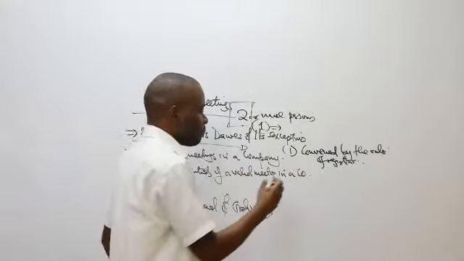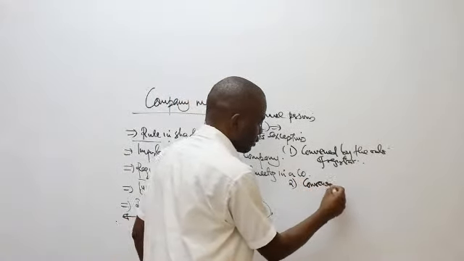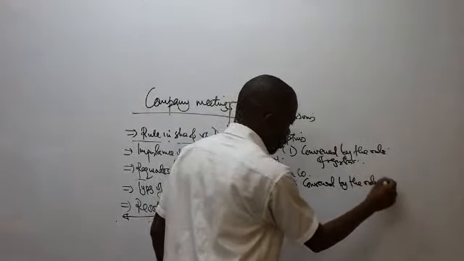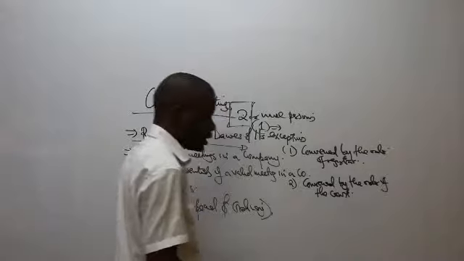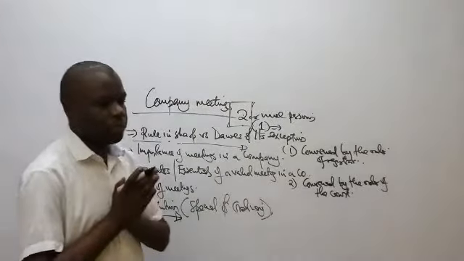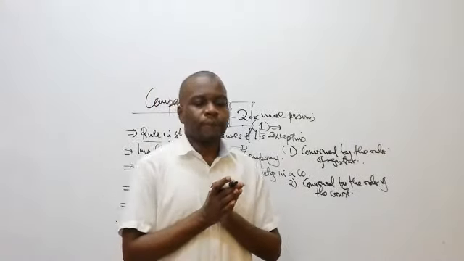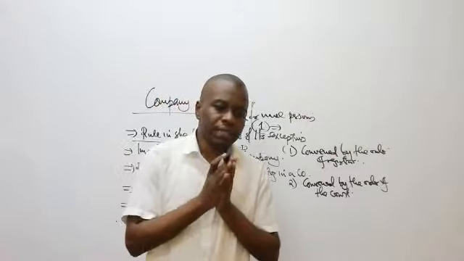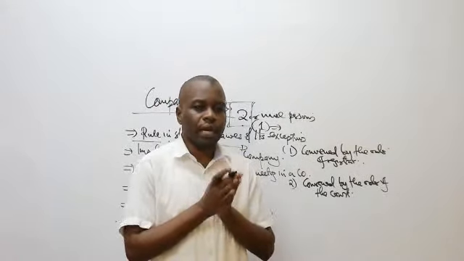Number two, if a meeting is convened by the order of the courts and only one person attends, it may be because some of the members of the company are deliberately absenting themselves so that the business of the company cannot be carried out.